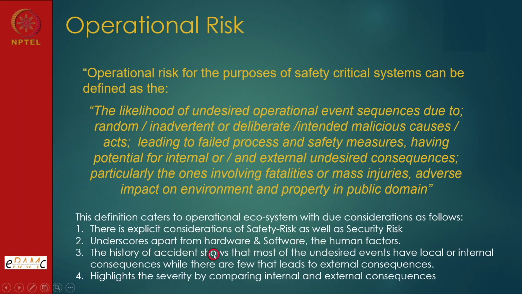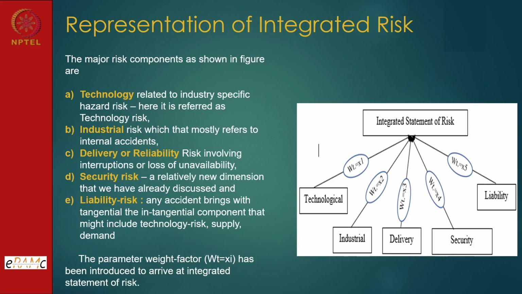The history of accidents shows that most of the undesirable events have local or internal consequences, while there are a few that lead to external consequences also. This also highlights the severity by comparing internal and external consequences. So for ORM this definition will follow, and this becomes the basis for our way ahead.